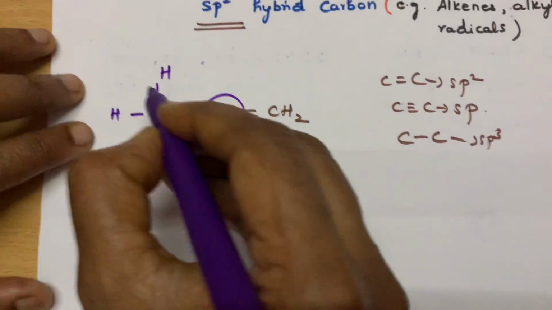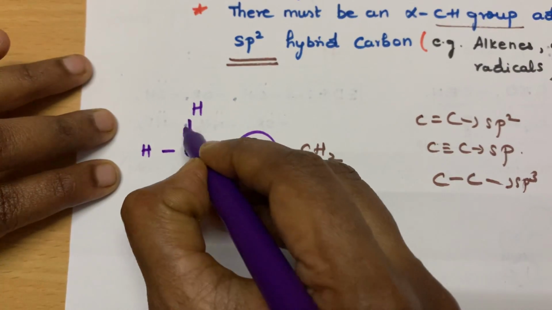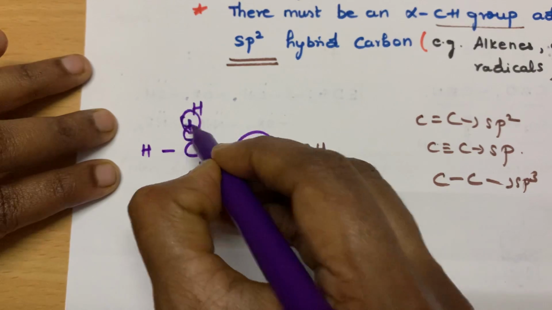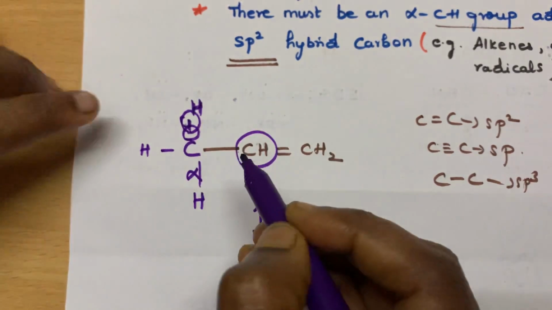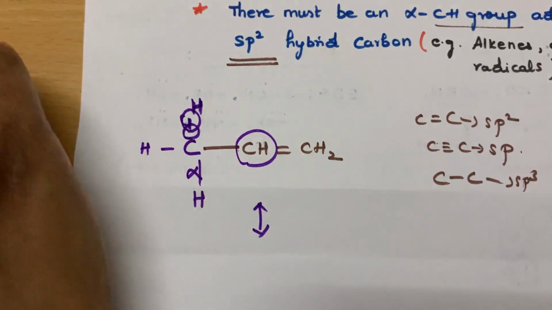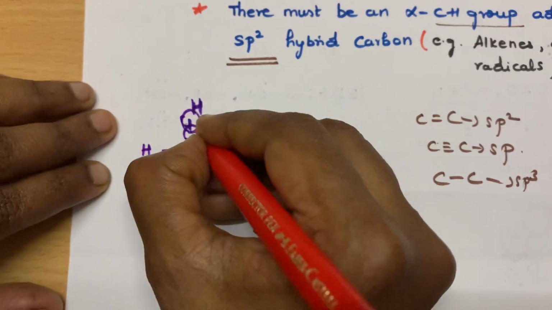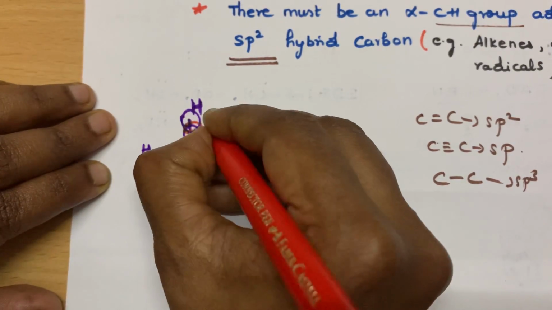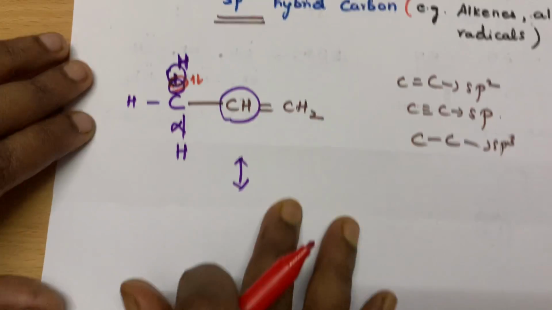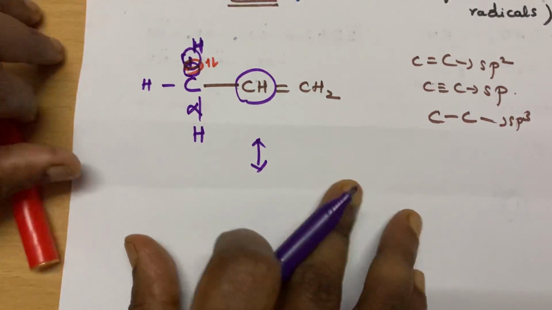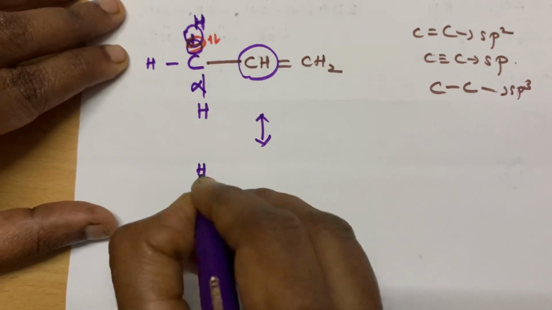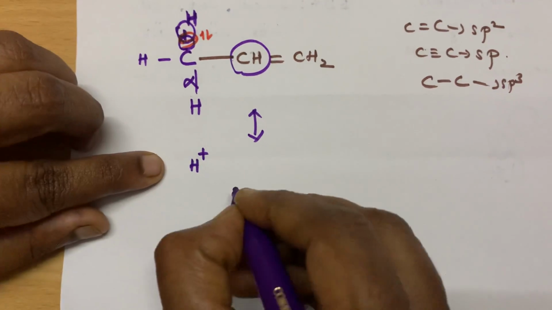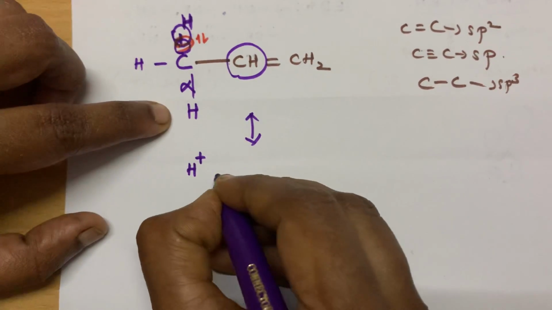So what happens? In this bond, two atomic orbitals have combined to give a molecular orbital in which there are 2 electrons, isn't it? So what happens here? The hydrogen dissociates as a proton, and these 2 electrons come and sit here.